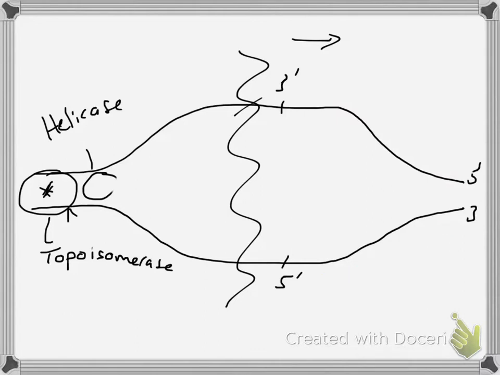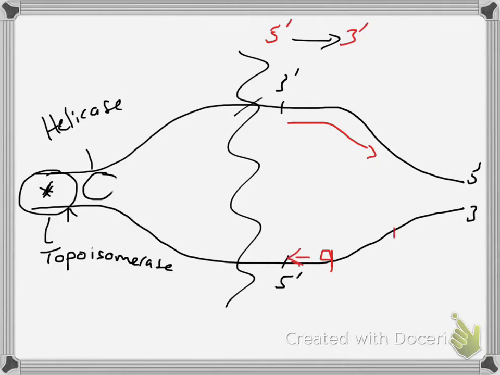Now we can synthesize 5 prime to 3, all right? So if we think about synthesis, 5 prime to 3 prime, this top one here can just move in this direction, right? The bottom one, however, if we unzip initially to this point right here, I can build a primer and I can synthesize in this direction, okay?